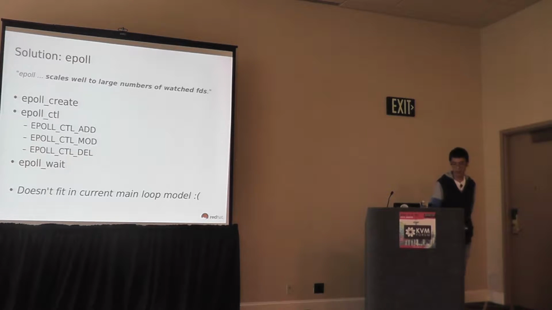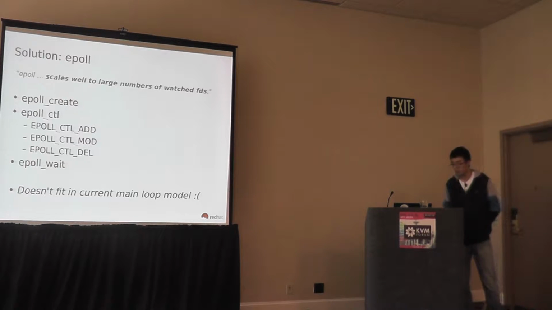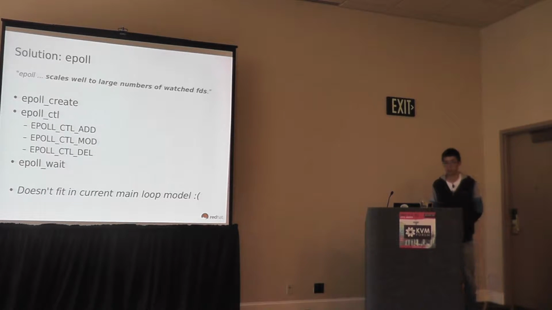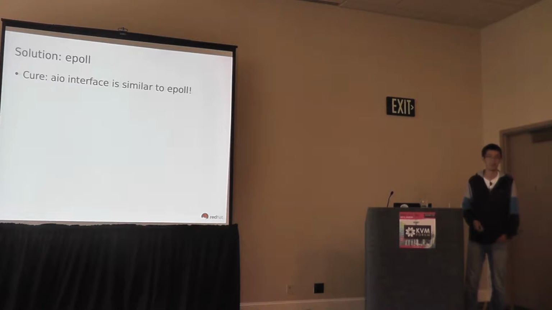But unfortunately, this doesn't fit in the current main loop model because the main loop is a hacky mixture of various stuff. But good news is that the AIO interface is very similar.